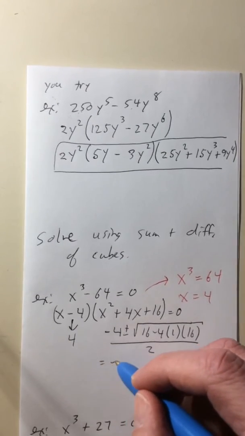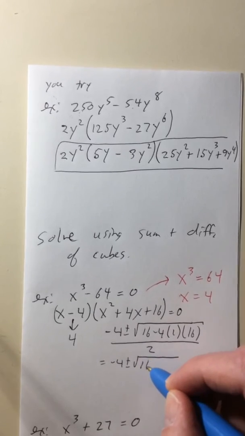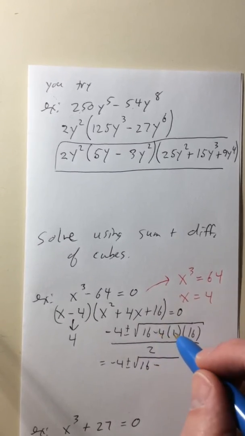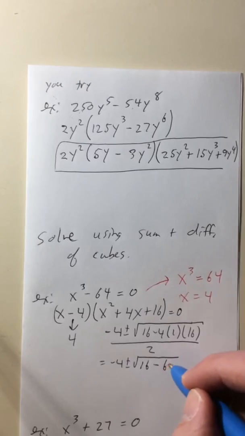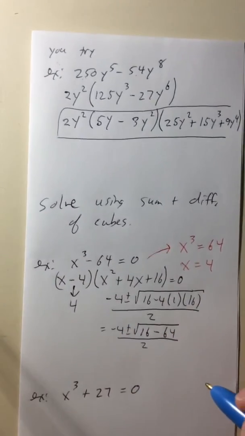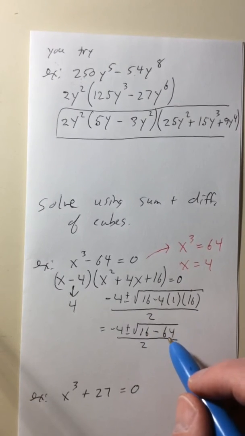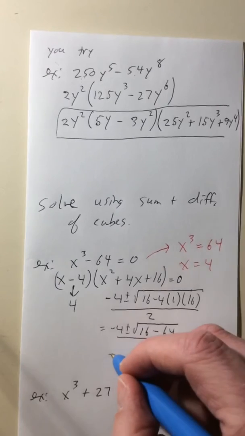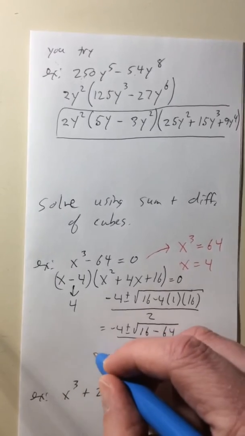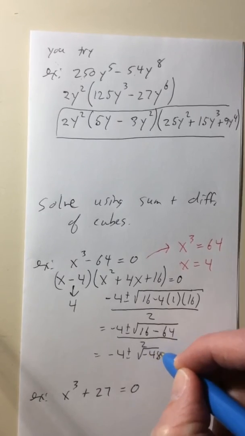And that's going to give us negative 4 plus or minus the square root of 16 minus 4 times 1 times 16, which is 64, over 2. And 16 minus 64 is 48. So we got negative 4 plus or minus the square root of negative 48 over 2.